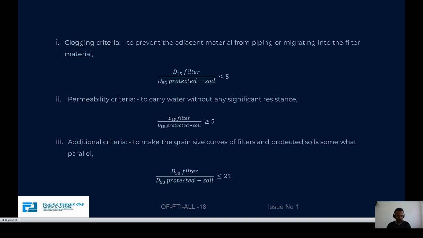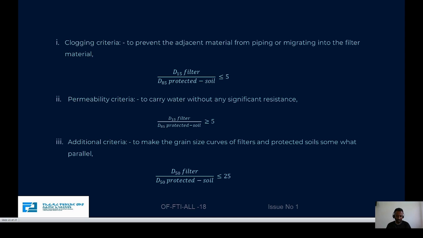The clogging criterion is D15 of the filter over D85 of the protected soil, which should be less than 5. If greater than 5, there is clogging and the material will not be permeable.